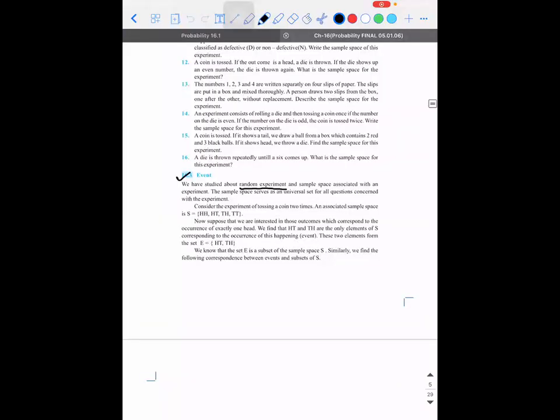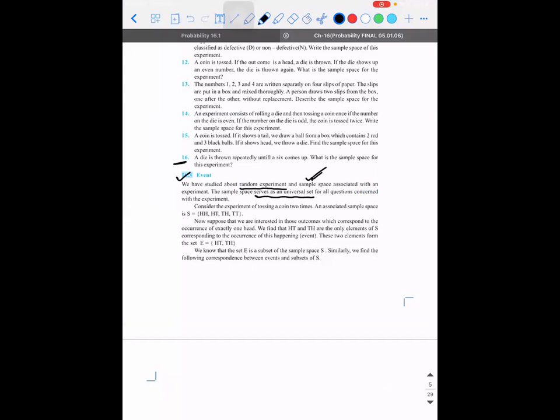The sample space serves as a universal set for all questions concerned with the experiment. So till the 16th question which we did in the previous exercise, if you write the sample space, since we are writing it in the form of a set, it represents the universal set of that particular experiment.